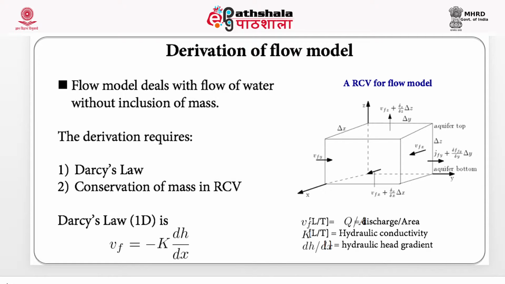The ratio dH by dx is also called the hydraulic head gradient, and this hydraulic head gradient defines the direction and how rapidly the flow will take place. The negative sign in front of the equation states that the flow is from higher head towards lower head. That was on Darcy law, the principle required for derivation of the flow model.